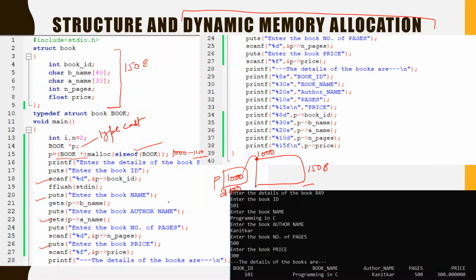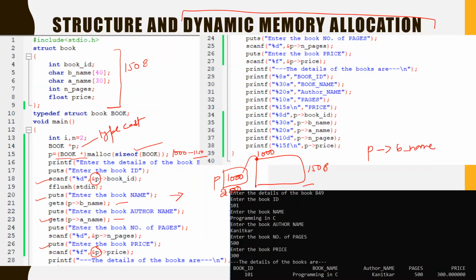Here you can see that the dot operator has been used, and ampersand p for integer and ampersand p for float has been used. While for accessing the strings, we can directly use p, because the string input takes the address directly, and p has the address. Now what do you mean by this p, this b name?